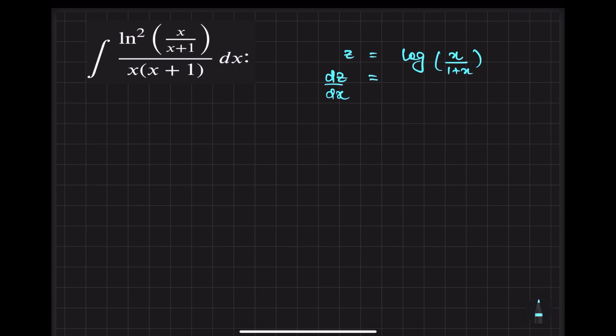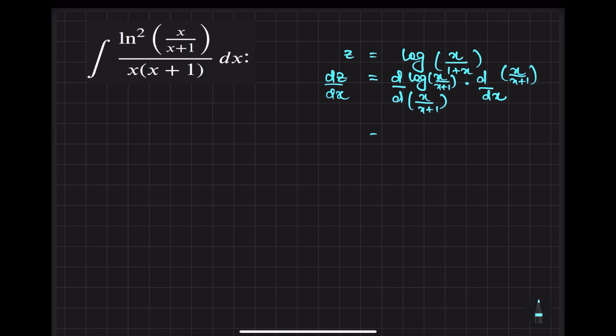Now the differentiation of log of x by x plus 1 with respect to x by x plus 1. Now you have to differentiate x by x plus 1 with respect to x.